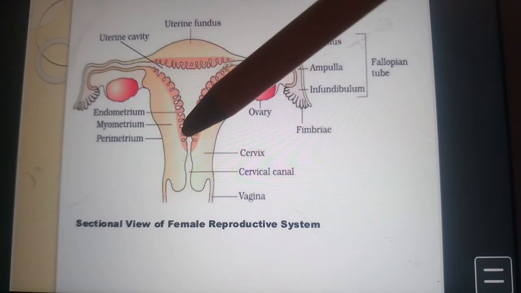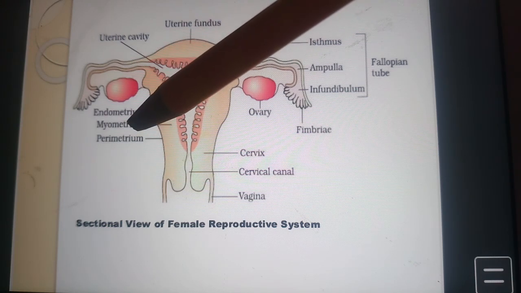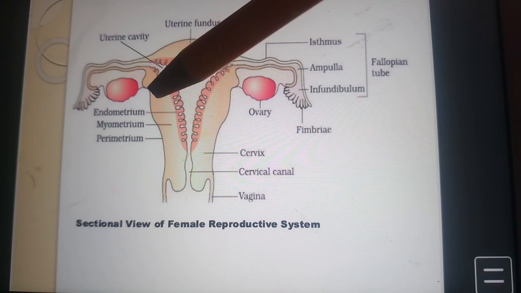Understood? The uterus is lined by three layers: outer perimetrium, middle myometrium, and inner glandular endometrium.